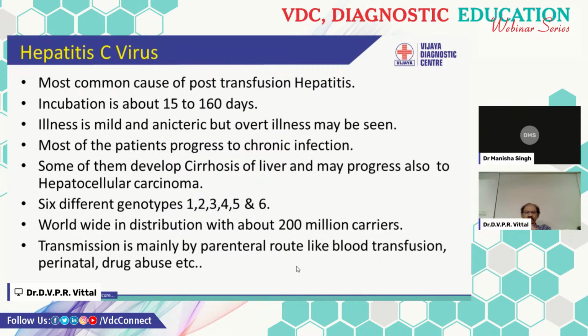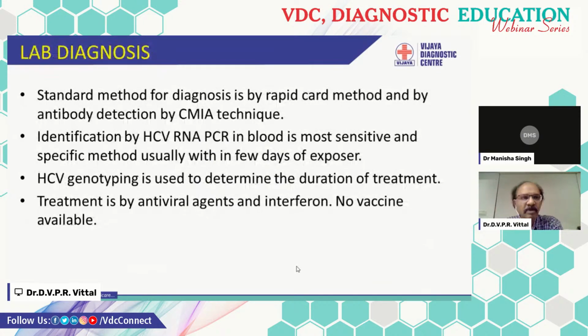Now, the worldwide distribution of this is about 200 million carriers, and transmission, as I told you, is by blood and blood products. Now, for the standard methods of diagnosis, most of them have a card method for hepatitis B as well as hepatitis C. The other method is the chemiluminescent microparticle immunoassay technique.